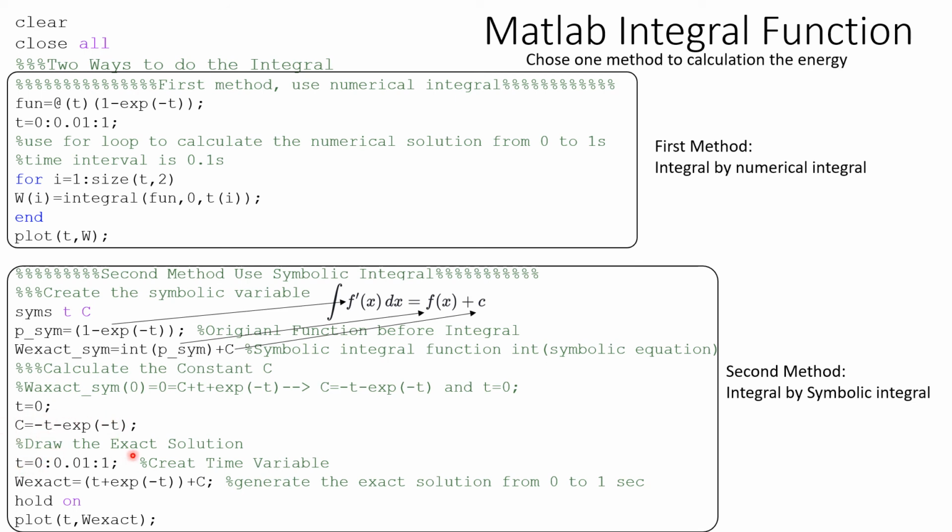So we can get the solution from the 0 initial time to the end time using the exact solution we just got here: t plus exponential minus t plus c, and then we can draw all of the solutions. So this is the second way to do the integral.